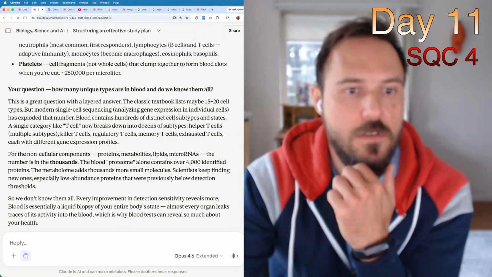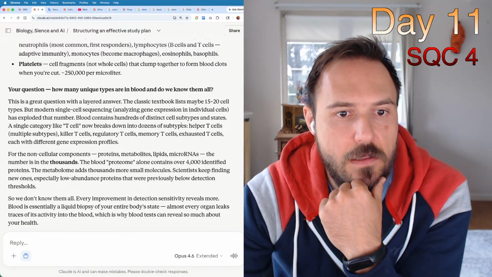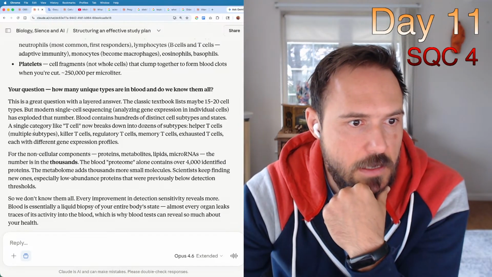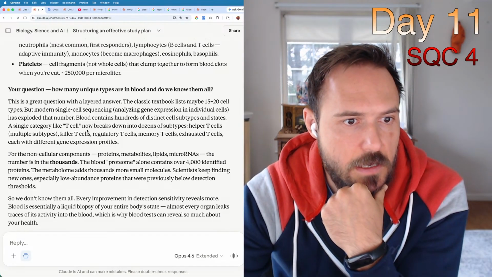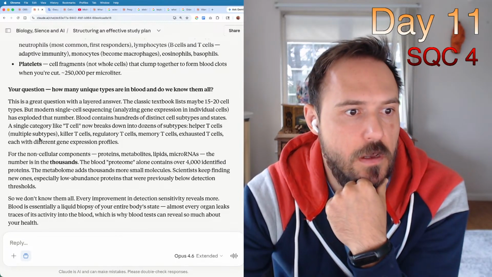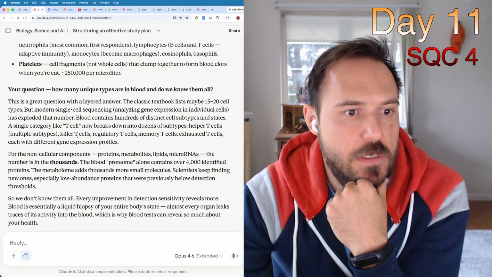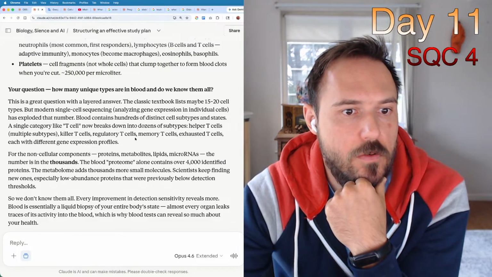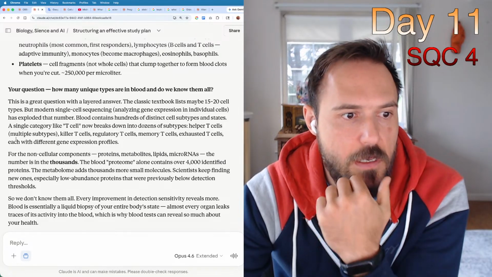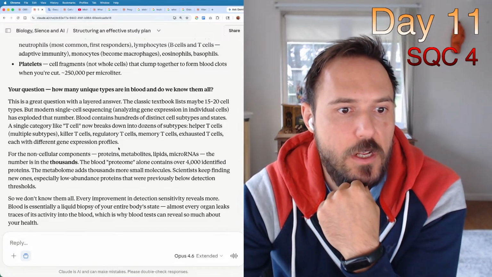Blood contains hundreds of distinct cell subtypes and states. A single category like T cell now breaks down into dozens of subtypes: helper T cell, multiple subtypes, killer T cell, regulatory T cell, memory T cell, exhausted T cell, each with different gene expression profile.